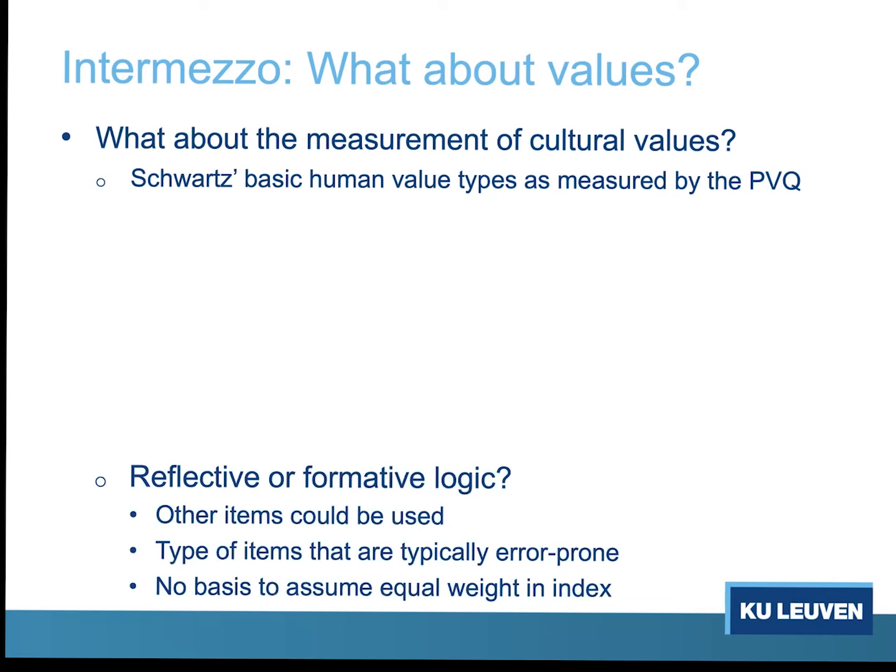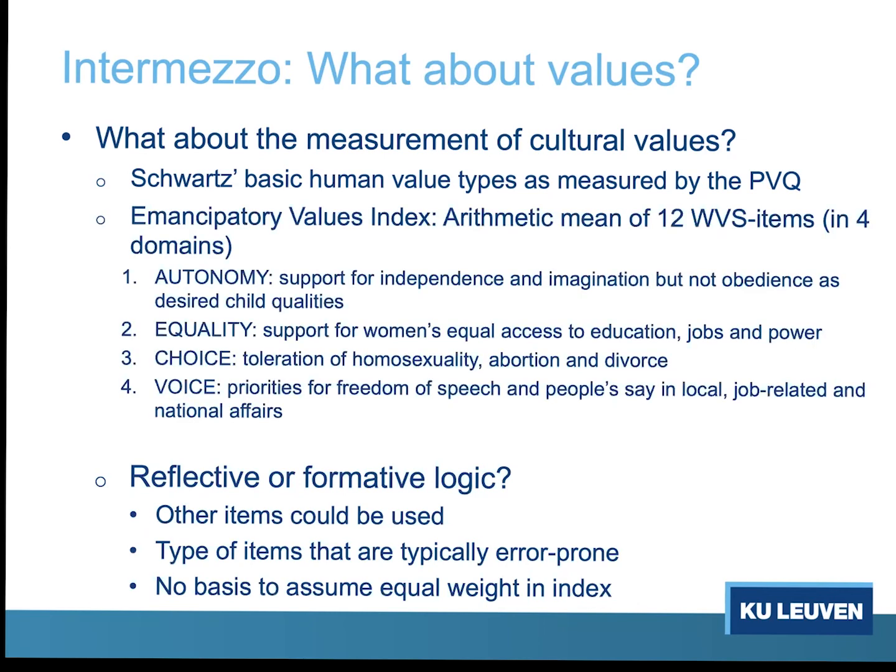Right? But this is not the only position that you could have in value research. For example, part of the discussion with Christian Welzel and colleagues is that their claim is that if you have a value dimension such as the emancipatory value index, it's not a reflective measurement, but a formative measurement.